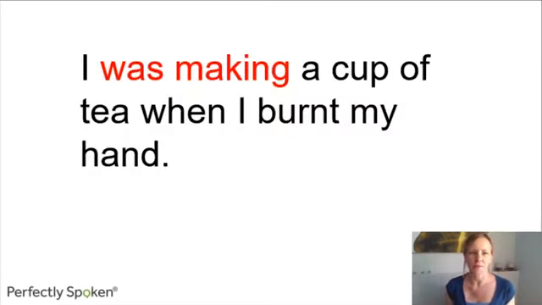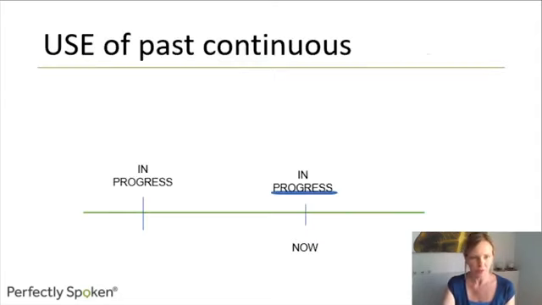So here we are. I was making a cup of tea when I burnt my hand. So basically, as I said, present continuous is related to something in progress now, and past continuous is related to an action that was in progress at a specific time or when a specific action happens.